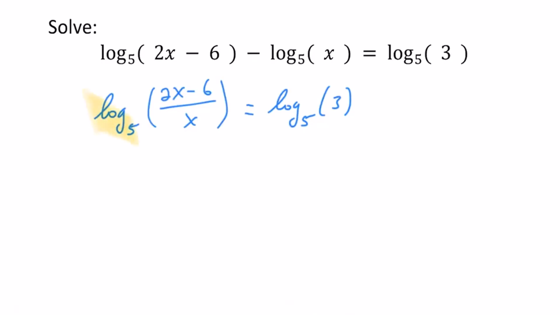We have log base 5 on both sides of the equation. So in order for this equation to equal to each other, the argument, which is 2x minus 6 over x, must equal to 3. So 2x minus 6 over x is equal to 3.